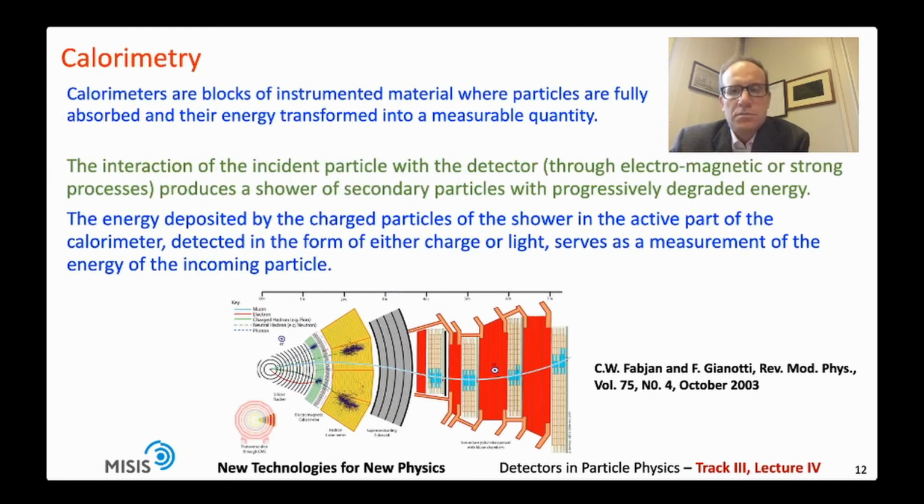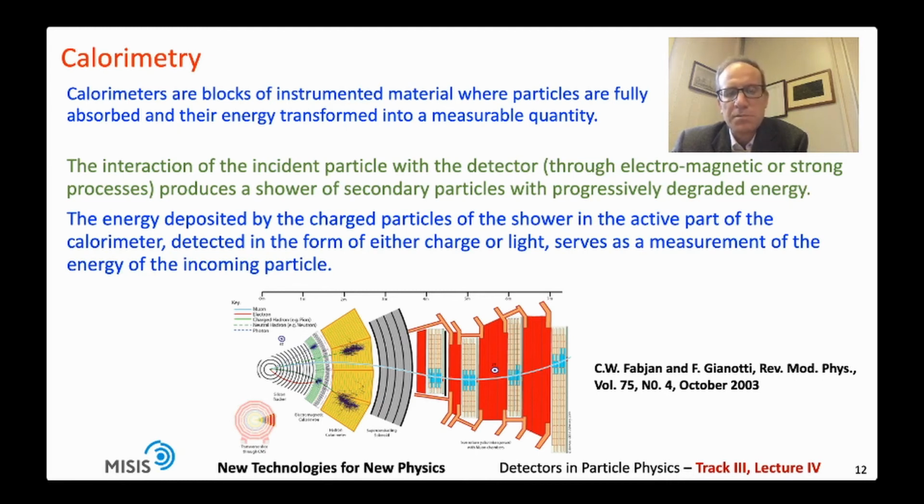So in summary, calorimeters are blocks of instrumented material where the particles are fully contained and fully absorbed, and their energy is transformed into a measurable quantity. The interaction of the incident particle with the detector produces a shower of secondary particles with degraded energy.